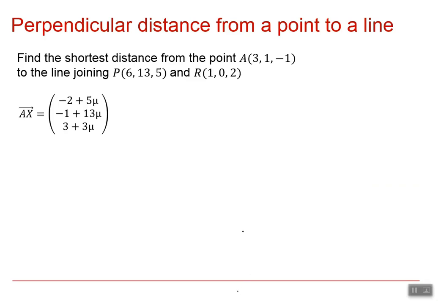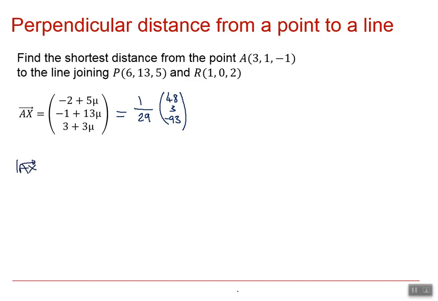Okay, so from here we know that this is AX and we've now worked out a value for mu. When we substitute that into here, we get that AX is 1 over 29 times (48, 3, -93). And now what we need to do is work out the magnitude of this vector, and that will give us the perpendicular distance.